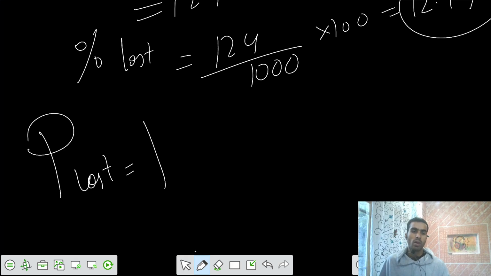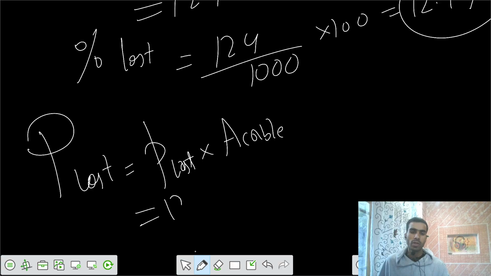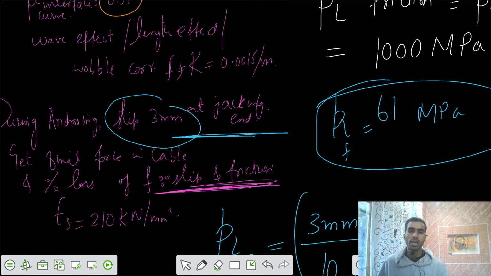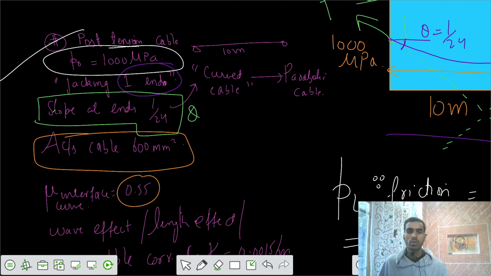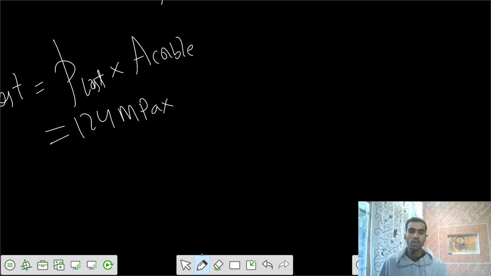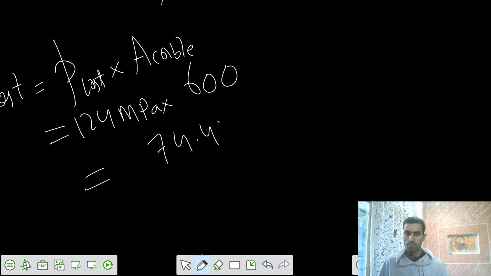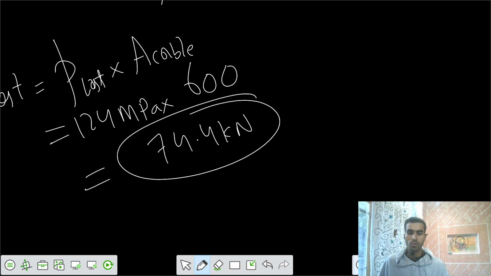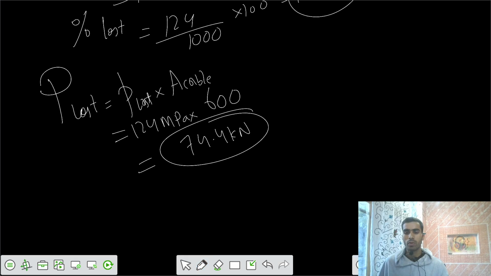That would be the stress loss into the area of the cable. Your loss of stress was 124 megapascals, and your area of the cable was given to you as 600 millimeters square, and that is some value of 74.4 kilonewton. This much force has been lost because of those two effects.